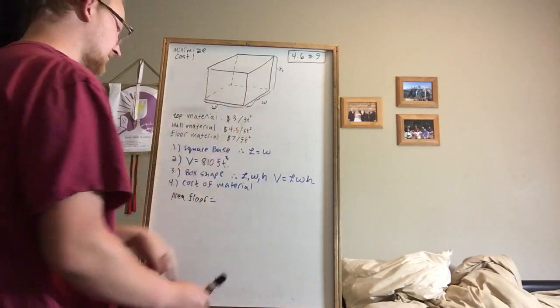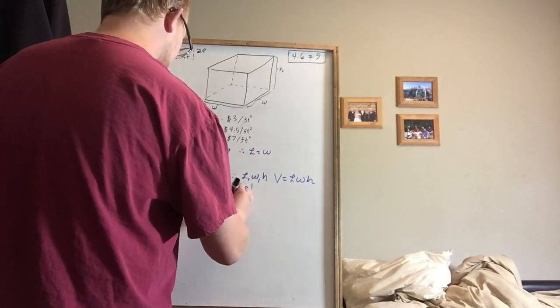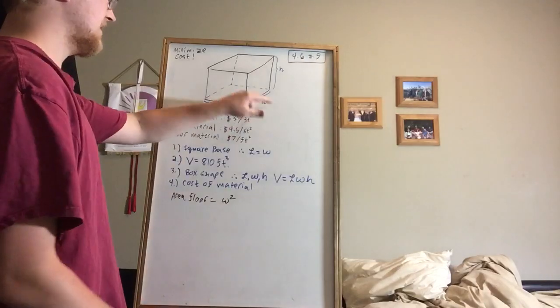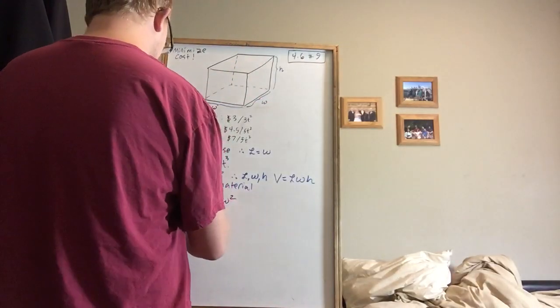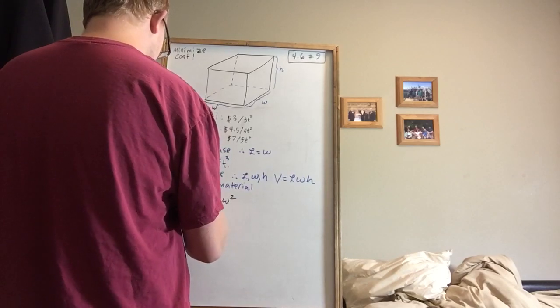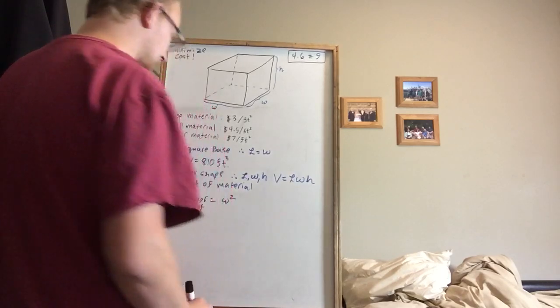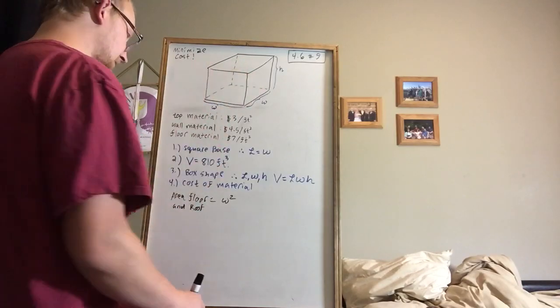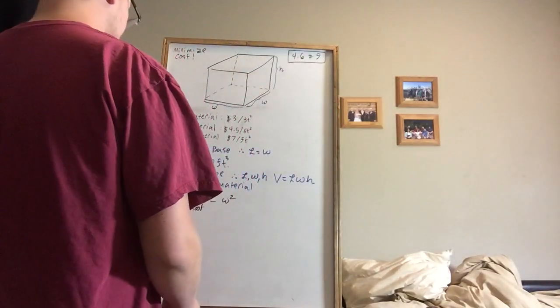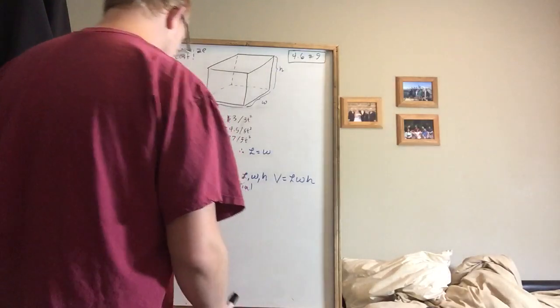That gives us the area of the floor. So we'll say that's width squared. And that's also the area of the roof, if you noticed, because it's a rectangular prism. So the area of the floor and roof are W squared. And there's one floor and one roof, so we've got 2W squared.